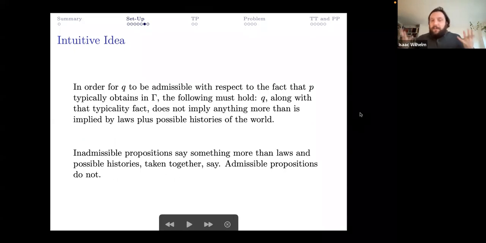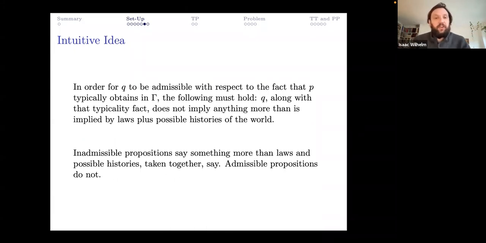Why would we think that that's an intuitively good characterization of inadmissibility and admissibility? Basically, the reason is the same reason that these people who work on the literature in admissibility have given.